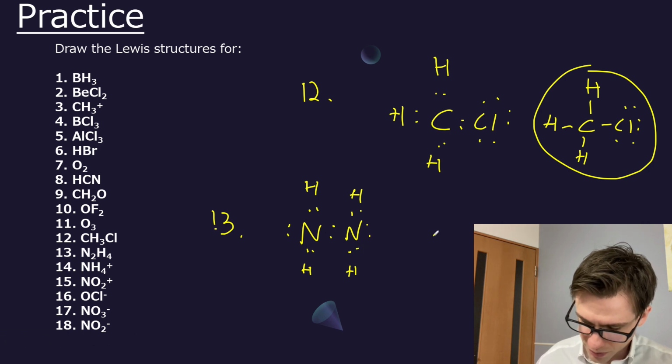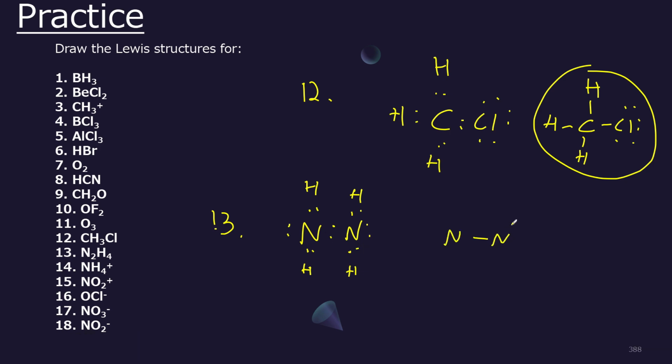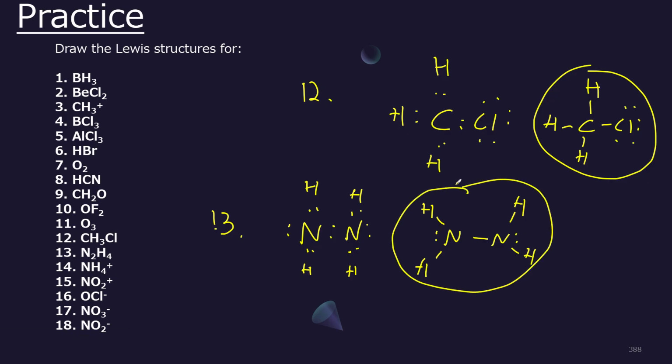Okay, that's basically done. So single bond N-N, single bonds with H's, and then lone pairs that were not used. So everything's happy. Here the nitrogens have octets, hydrogens have helium shells. Okay, N2H4, let's go next.